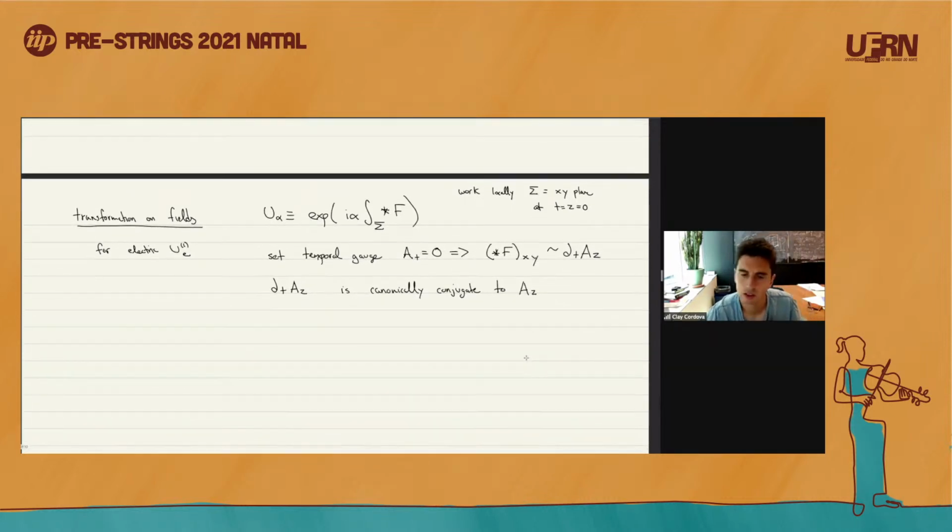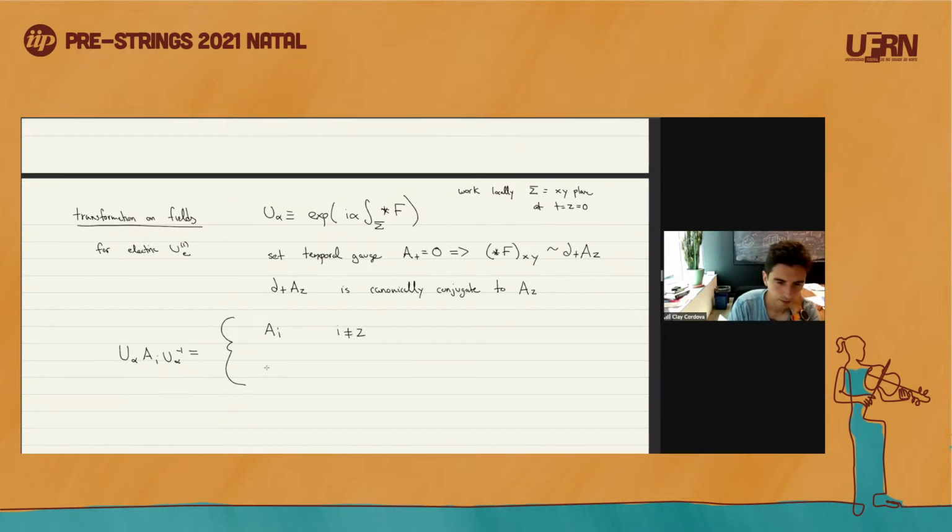So therefore, I learn the following nice fact. U alpha A_i U alpha inverse equals, okay, if i is not equal to z, nothing happens. If i equals z, then here I'm exponentiating the momentum conjugate to A_z, and I'm acting on A_z, so I should generate a shift.